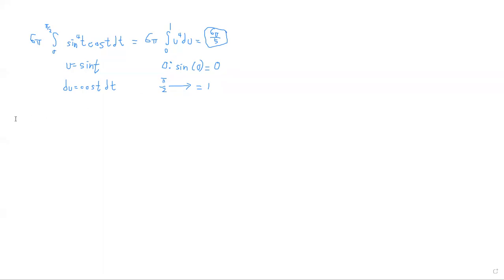So that's just what I wanted to say. I'm going to write this in big caps. You don't have to know how to convert the u bounds, although it's a little easier in my opinion.